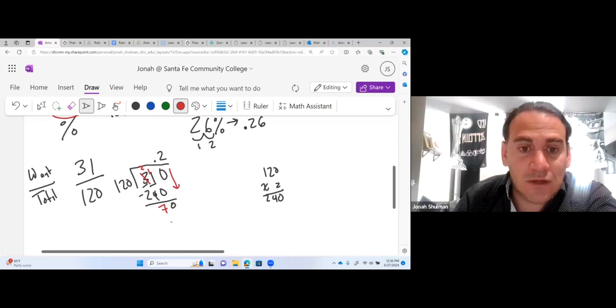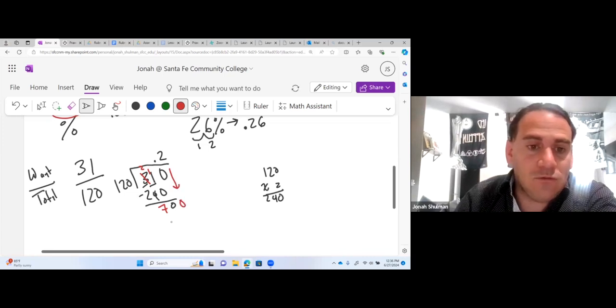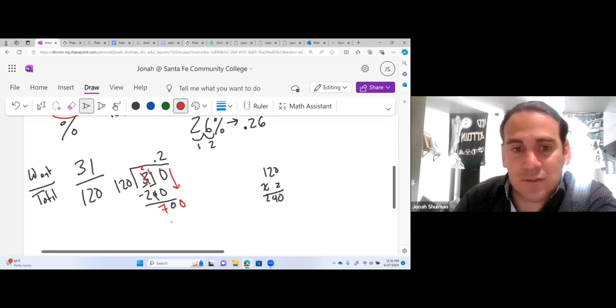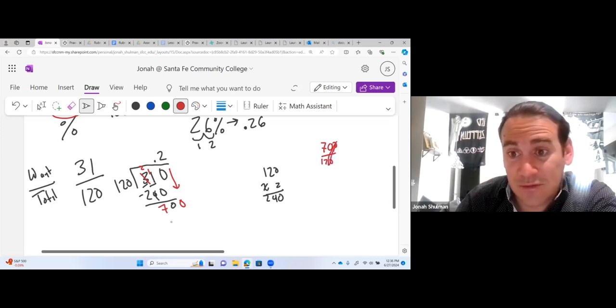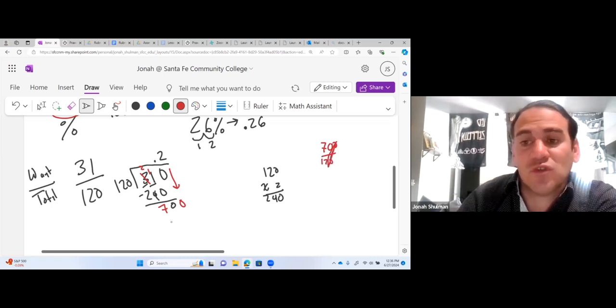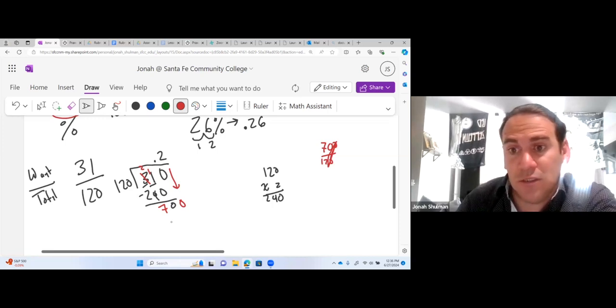I have to bring down another 0. Now, it's not 12. So this is what I'm saying by crossing out the zeros. I literally have 700 over 120 right now. The zeros can cancel. So I'm just looking at how many times does 12 go into 70. 12 times 1 is 12.